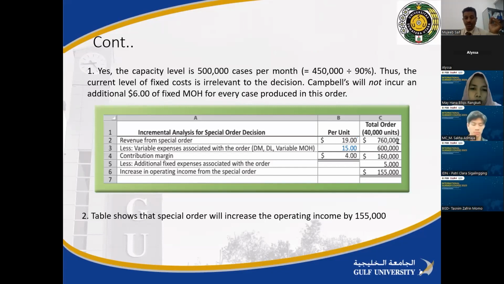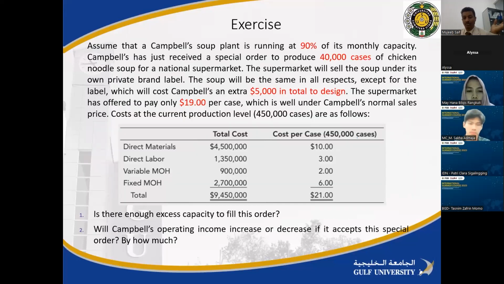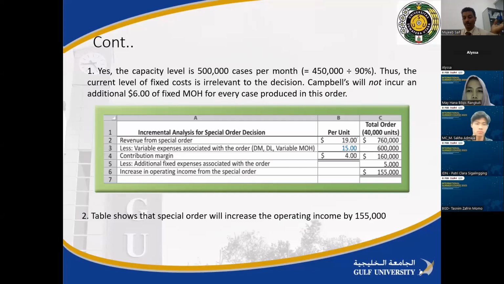This is the increase in revenue: the sales price given by the customer, 19, multiplied by the number of units we will produce for this order, which is 40,000. So this is the benefit side.